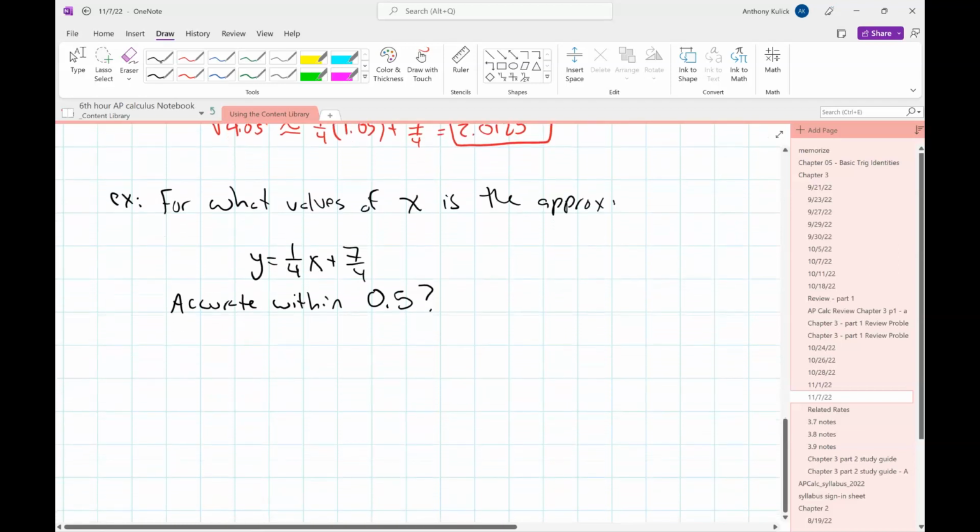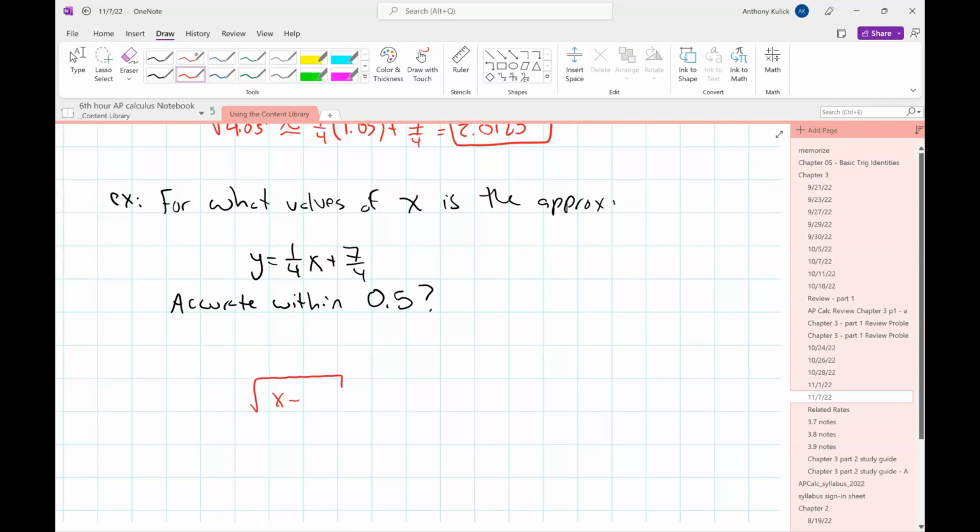So say, for example, that we need our approximation at least that accurate, right? So what values of x can I still use this approximation on and still maintain this accuracy? And anything else after that I have to build a new linear approximation for, right? Is basically what we're saying. Okay. So if I want my approximation within 0.5 of the actual, what am I going to do?